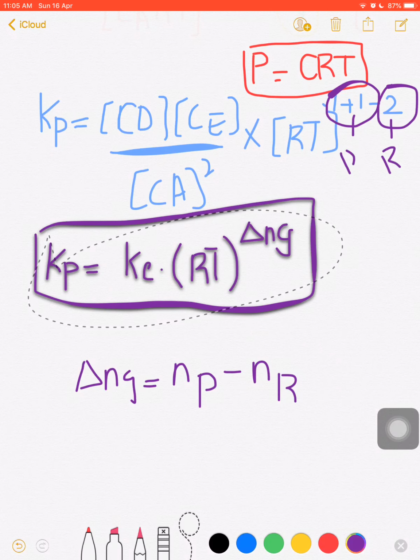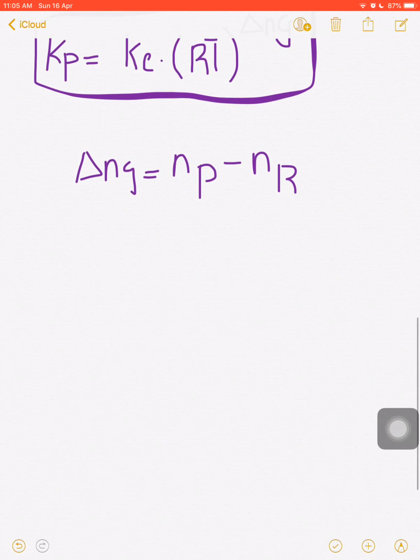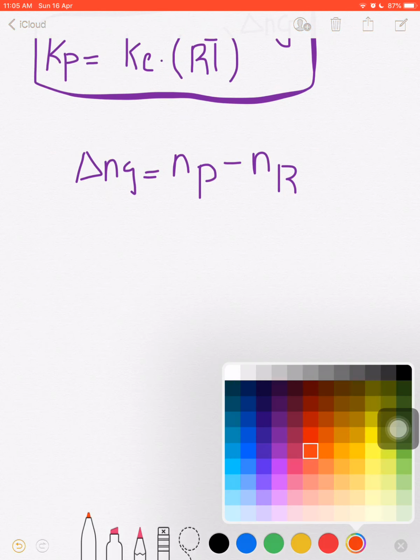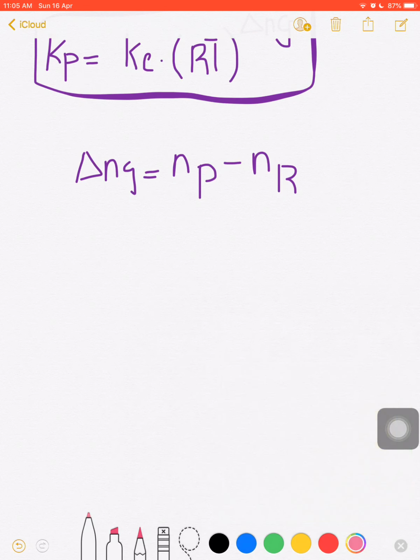So now we have the formula, which is Kp is equal to Kc dot RT to the power delta Ng.